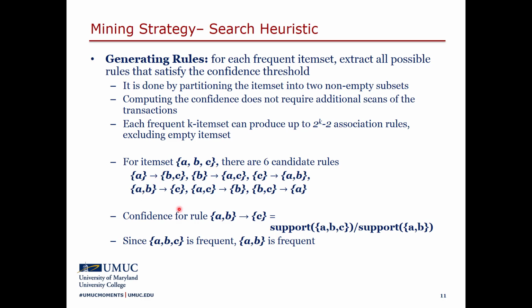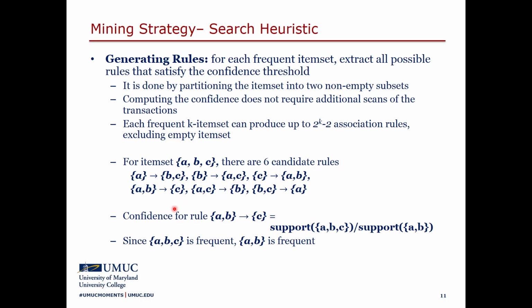So if you don't apply any search optimization, you have to visit all this space and test against the confidence threshold. That means A to BC, B to AC, C to AB. Every possible split into two components you have to visit.